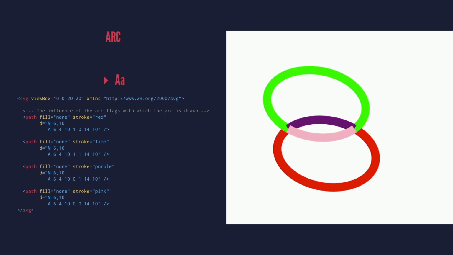We then have the arc. So this is drawing an arc, and it's a very complex shape. So what we have here is a series of commands which are positions on the X and Y, you've got angles in there, and then you've got two values being 1 or 0, being Boolean, which indicates stuff like the direction, is it clockwise or counterclockwise, and then we have coordinates at the end.